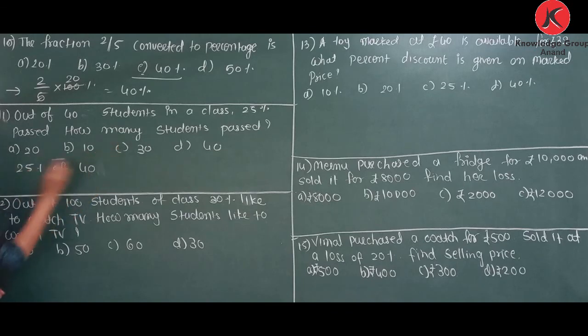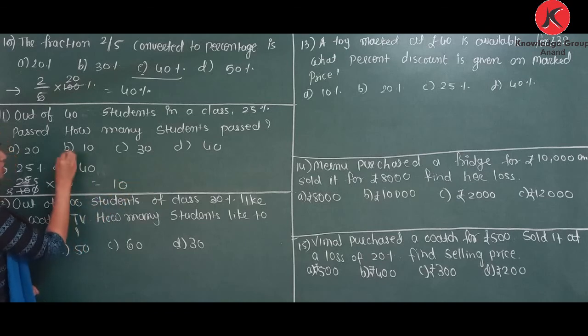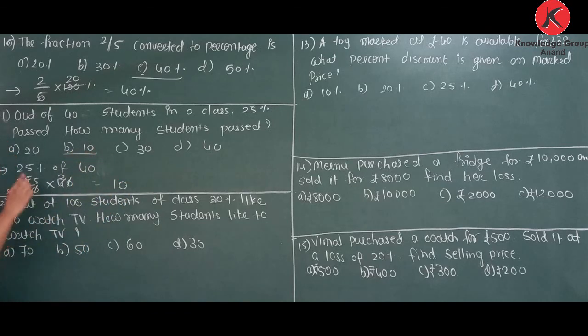If we take this, we get the number of students who passed. 25 divide 100 multiply 40, so 10 students passed. If we take 25% of 40, you will get 10. It means 10 students passed in the exam.